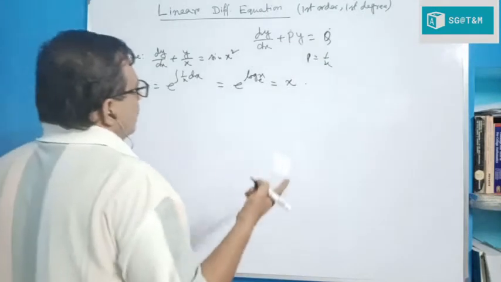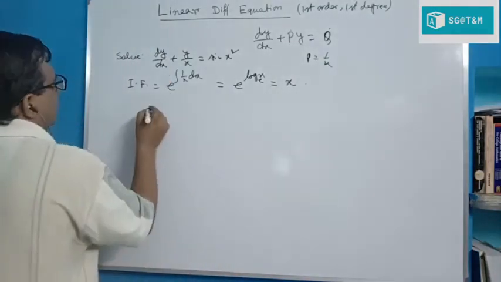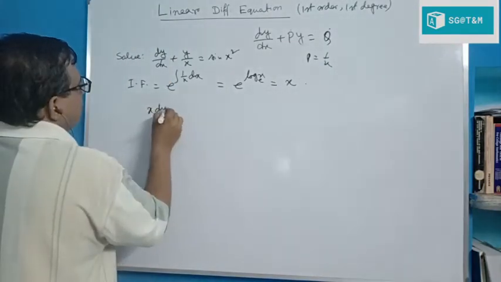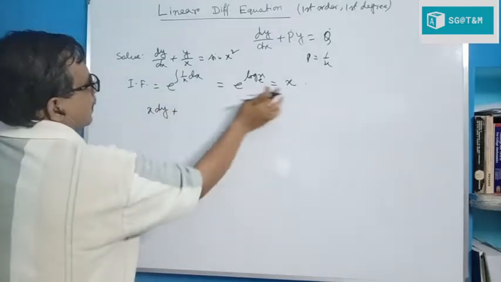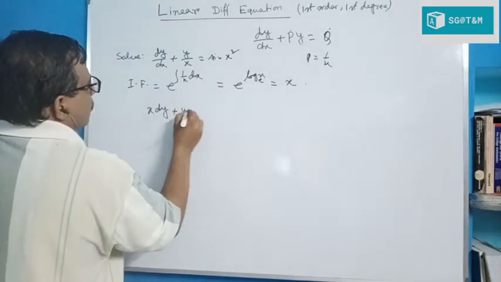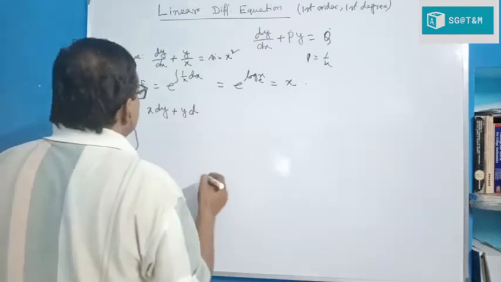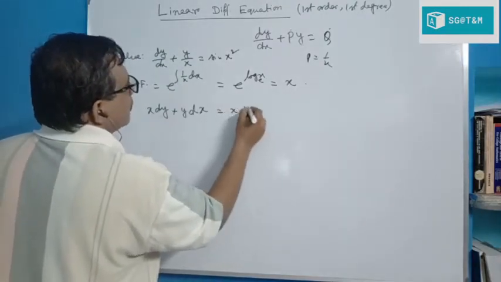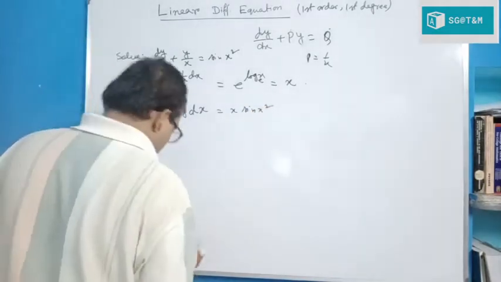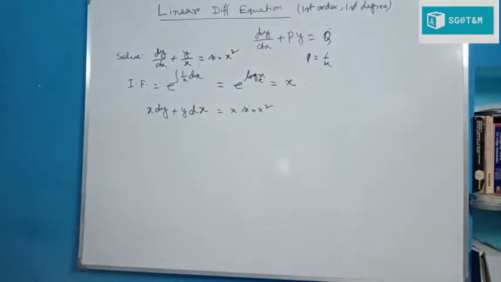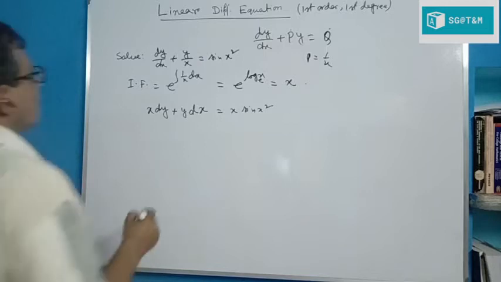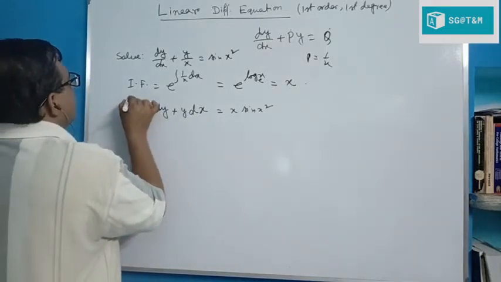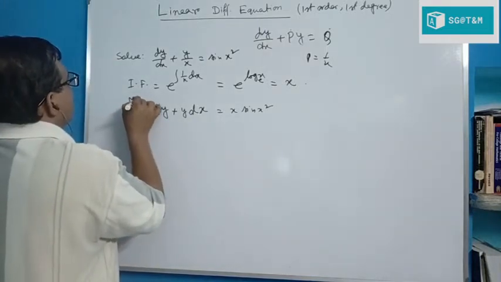Okay. So multiplying both sides by the integrating factor, we get x dy plus x into 1 by x cancels out, so y dx is equal to x into sine of x square.